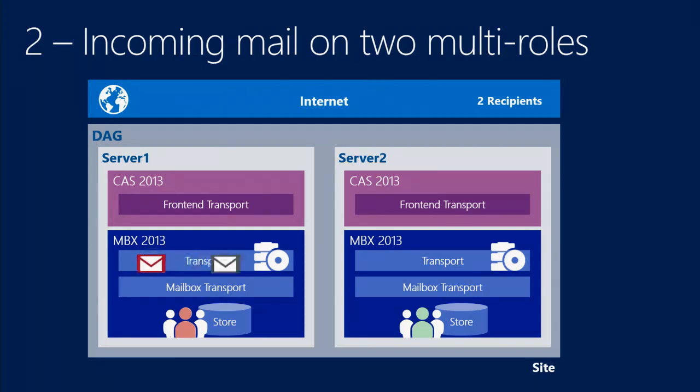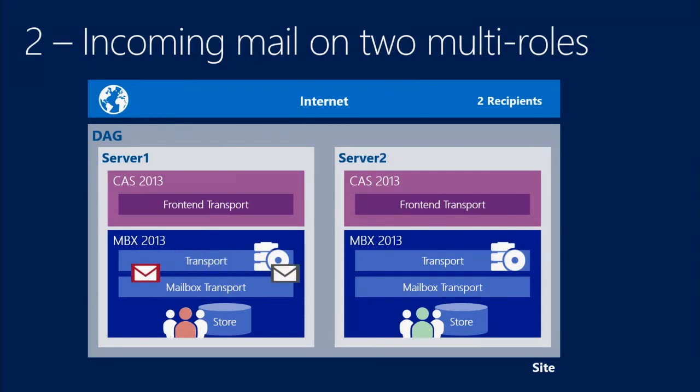We'll bifurcate that into two copies and submit that to the mailbox transport service that is local to the active database copy for message delivery. Now, what would happen if, at the point that we got here and we created that, we had a failure on server 2, and the database on server 2 now became mounted on server 1?